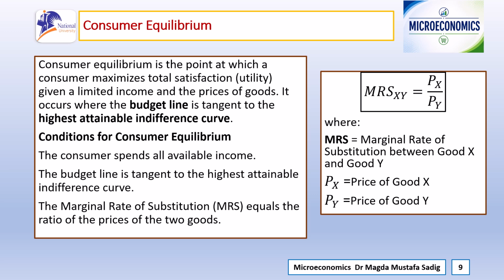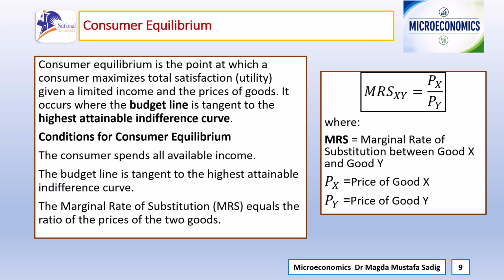Regarding the conditions for consumer equilibrium, three conditions must be satisfied. The first is that the consumer spends all available income. The second is that the budget line touches the highest attainable indifference curve.